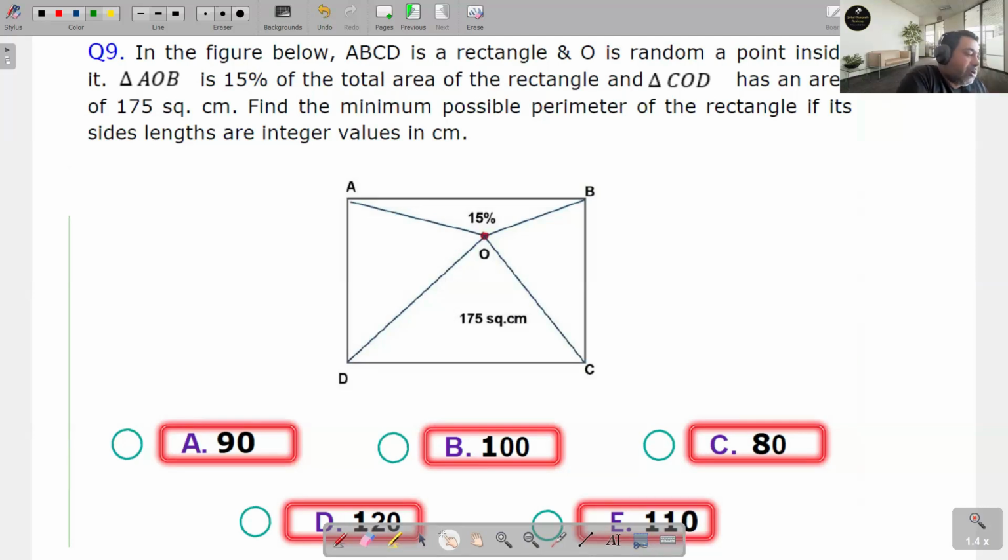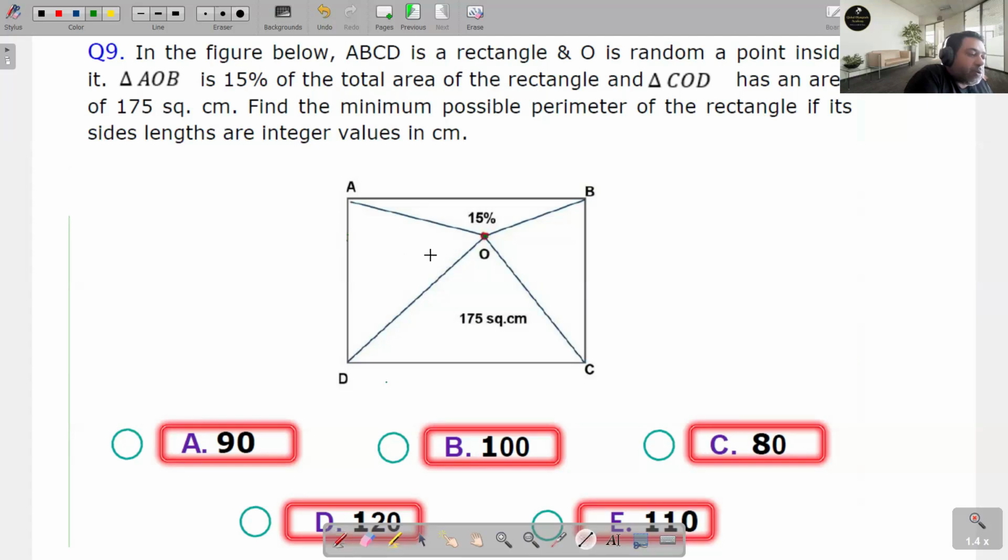Okay. First of all, what it is saying: triangle AOB. So this O is a random point inside the rectangle ABCD, and triangle AOB is 15% of the area. All right. And triangle COD is 175 square centimeter. What we need to do in this kind of problem, any rectangle or a parallelogram, is from this random point, you draw a line which is parallel to both the other sides.